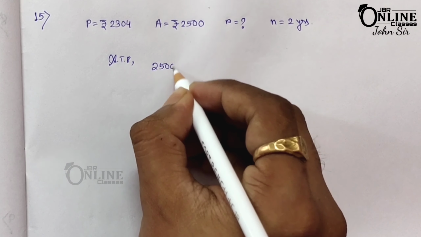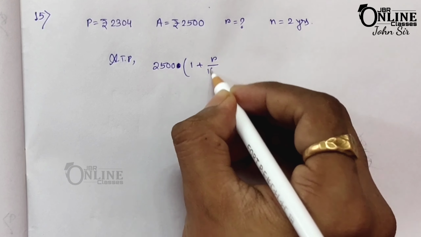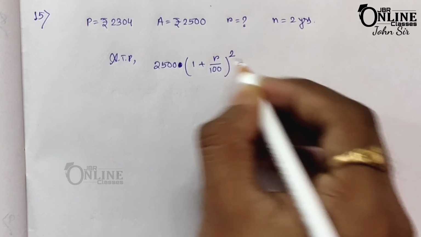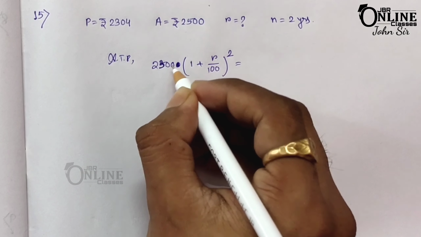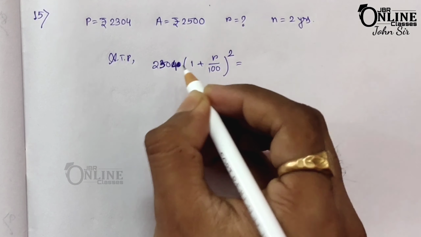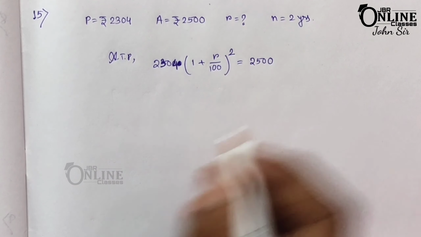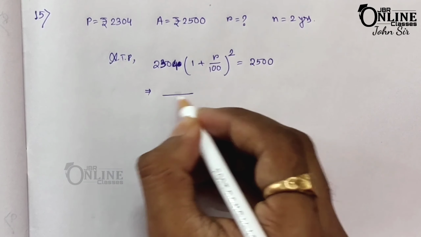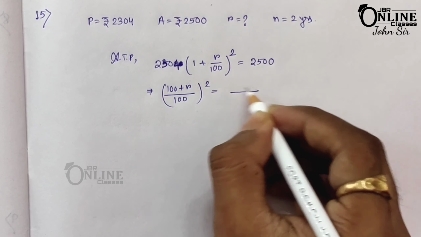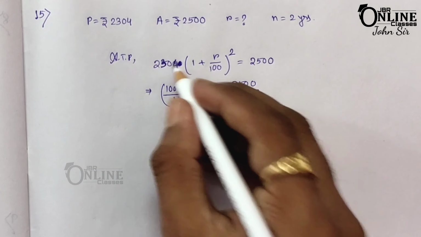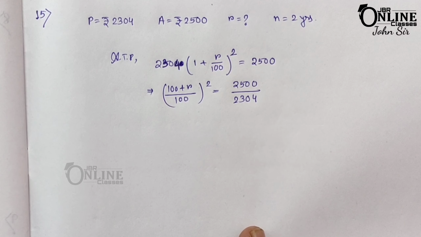Principal equals 2304 and amount equals 2500. Very sorry for that. So 100 plus r by 100 whole square equals 2500 divided by 2304.